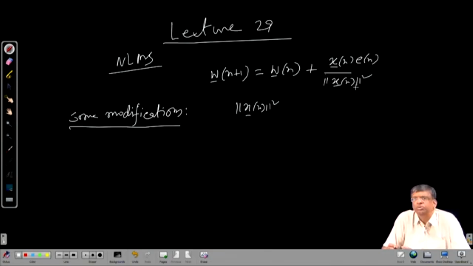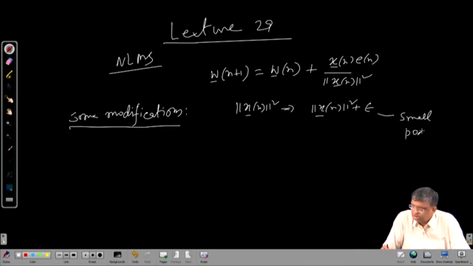It might just be truncated to 0. So, instead of this we replace it by this plus one small positive constant. Since it is small, it hardly has any effect on the algorithm, but it will ensure the denominator will never be 0. Okay, that is one modification.